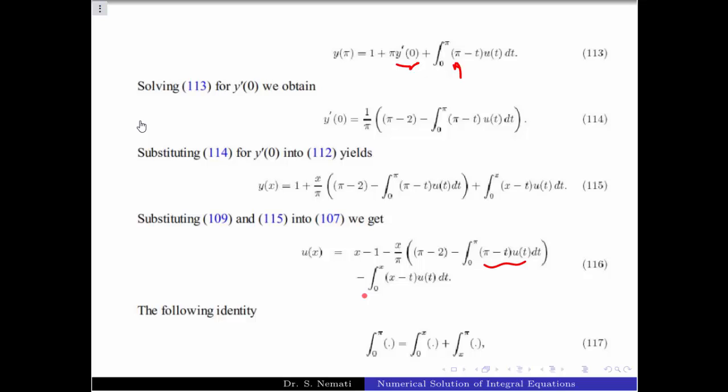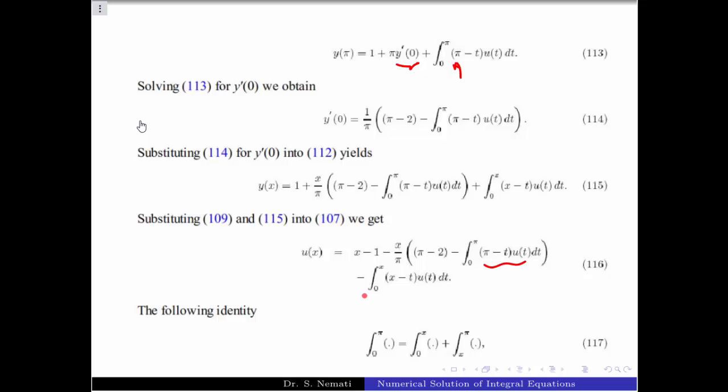For example, if your equation has y prime, the second order derivative, third order derivative, the rule is that always you set the highest order derivative equal to the unknown function u, take integral step by step until you obtain expressions for the first order derivative, the second order derivative, and the function itself in terms of the function u, and replace all of them in the main equation.